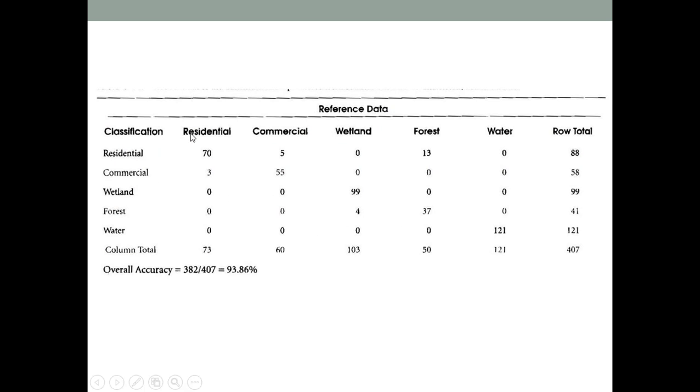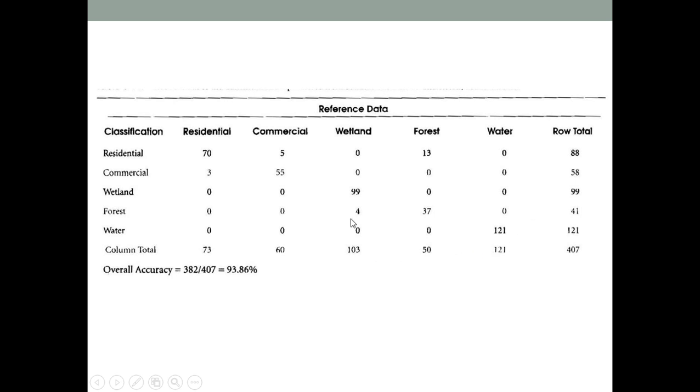These are the classes. These are the reference data compared to each other. For example, commercial over residential, there are 5 different pixels. After that, the total row and total column will be determined, for this one and this one.